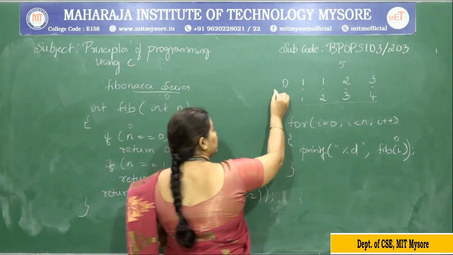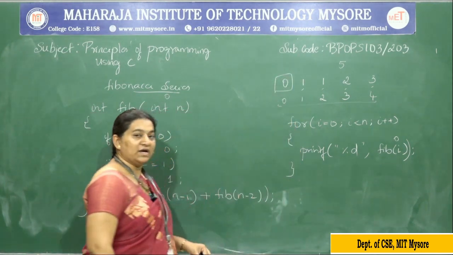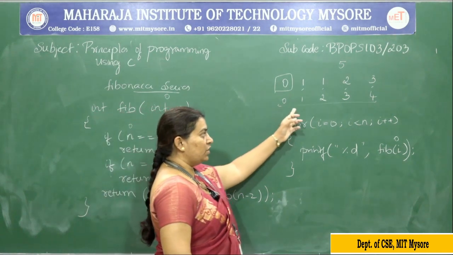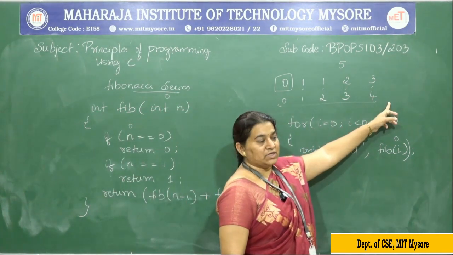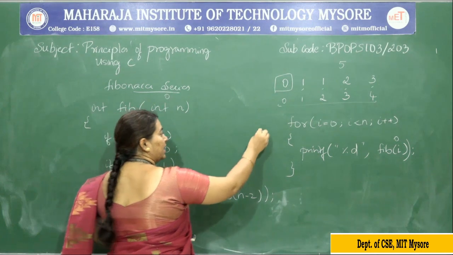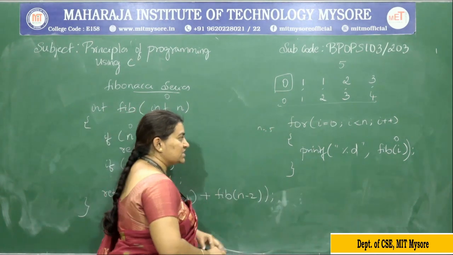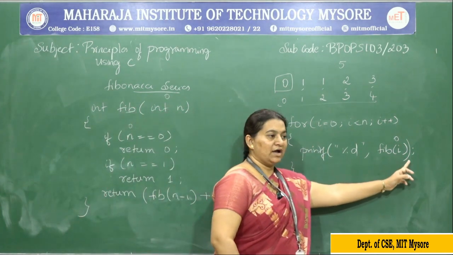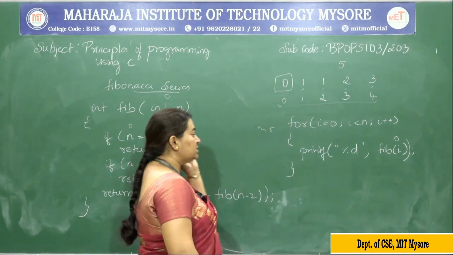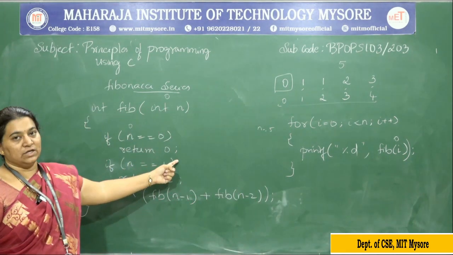So my first value in the series will be obtained. I am using it for 5 numbers, so my n is equal to 5. First time i is equal to 0, I have sent it as 0, and it will return 0 here.